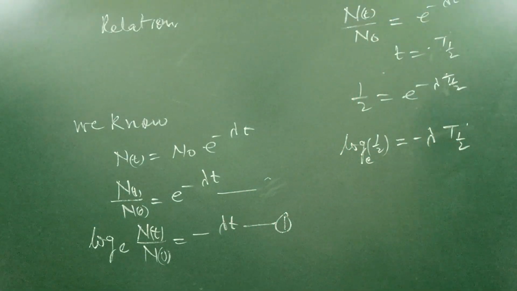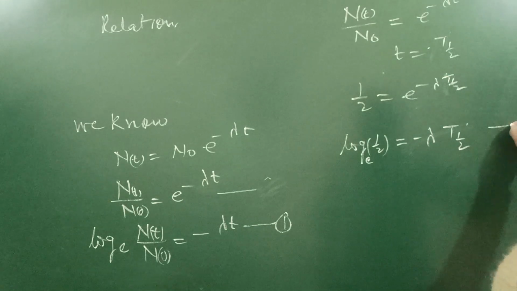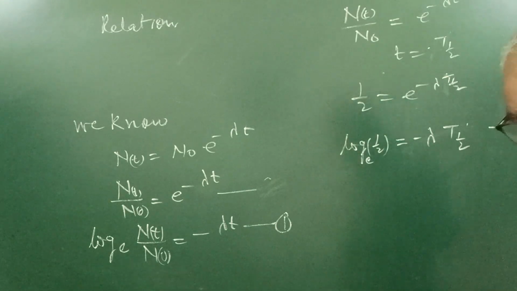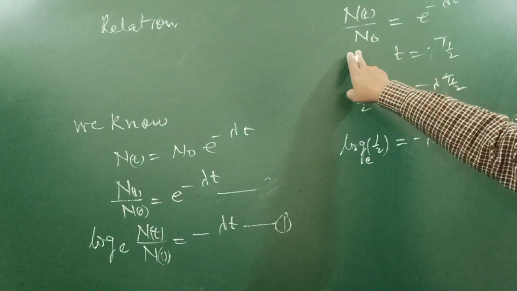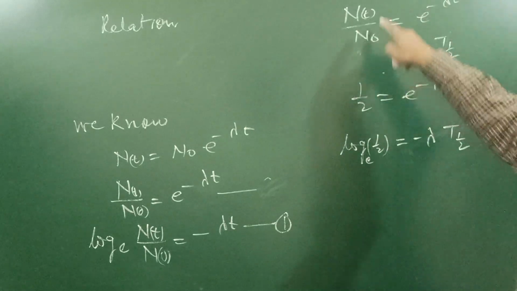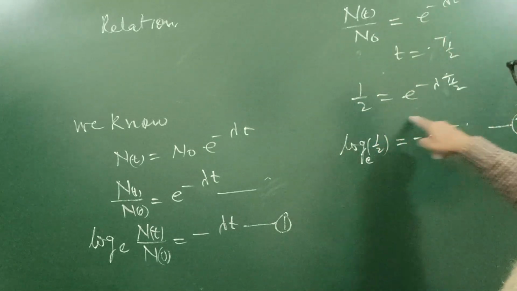We are very close now. Equation 2. If it is t half, then Nt upon N0 is 1 by 2.